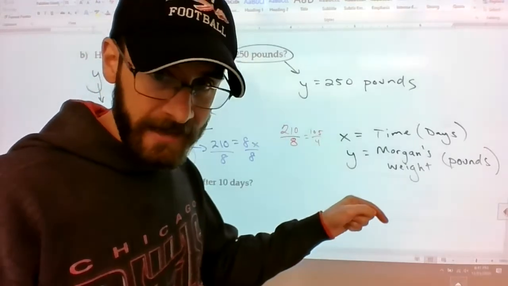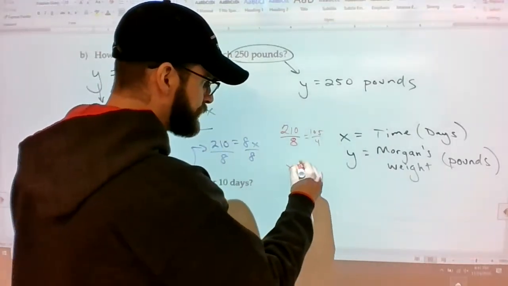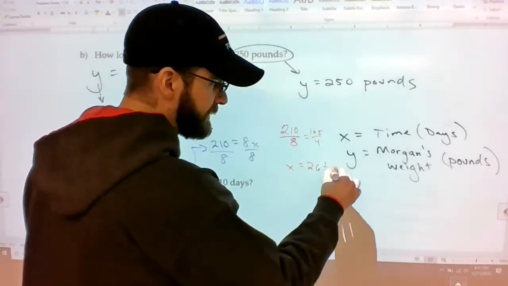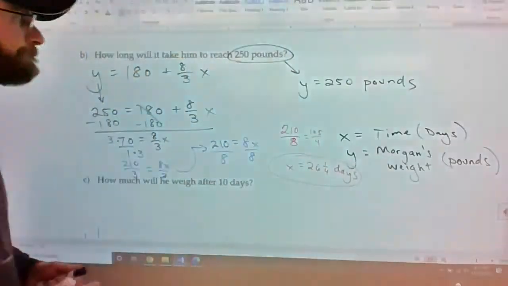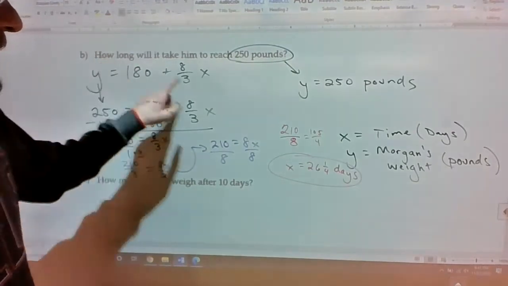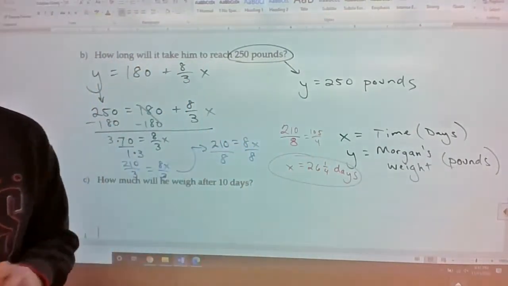That'd be 26 with 1/4. This is 26 1/4. So x equals 26 1/4 days based on this model right here. So it will take Morgan 26 1/4 days to reach 250 pounds.